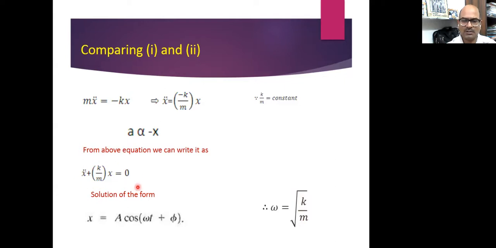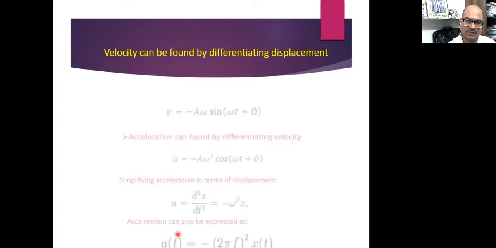This equation corresponds to the general equation of a wave. Omega is the angular frequency, and accordingly we can find the linear frequency and time period of the system under simple harmonic motion.